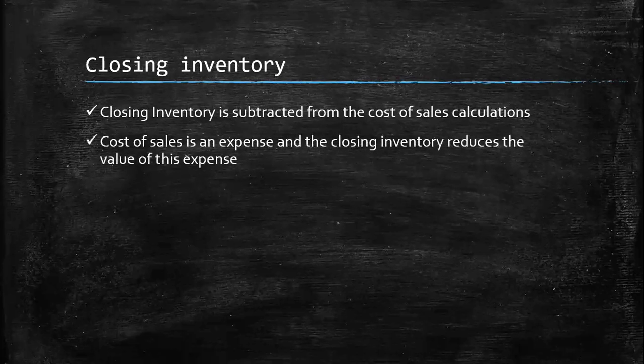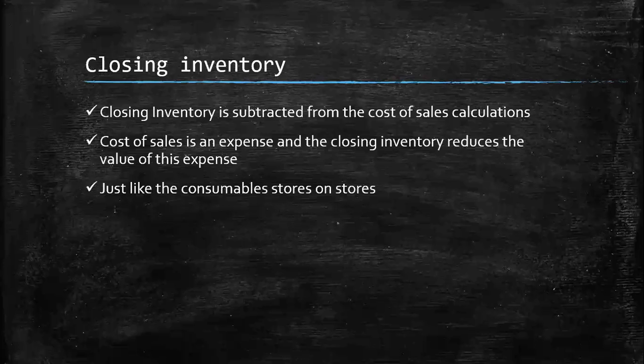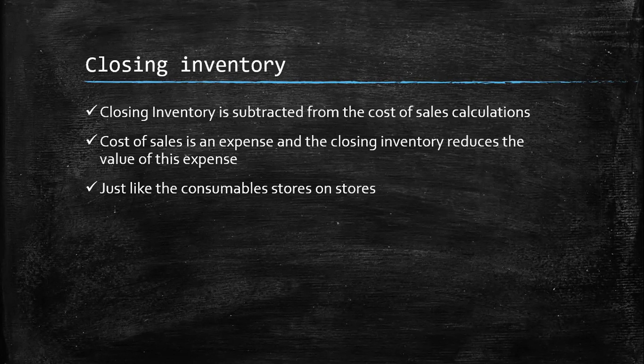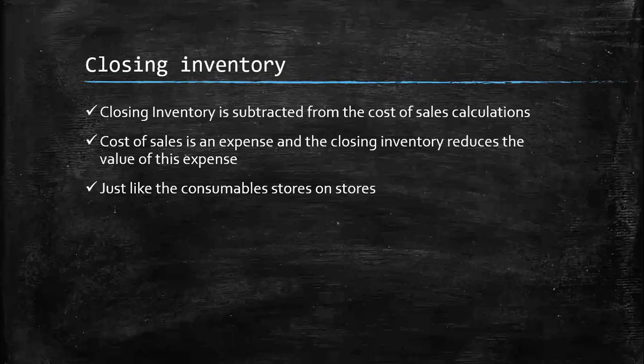Cost of sales is an expense, and the closing inventory reduces the value of this expense, just like consumable stores on hand. We said that the consumable stores on hand reduce the value of expenses. It's the same because the closing inventory is subtracted from the calculation of cost of sales. That means a closing inventory reduces the value of expenses as well.